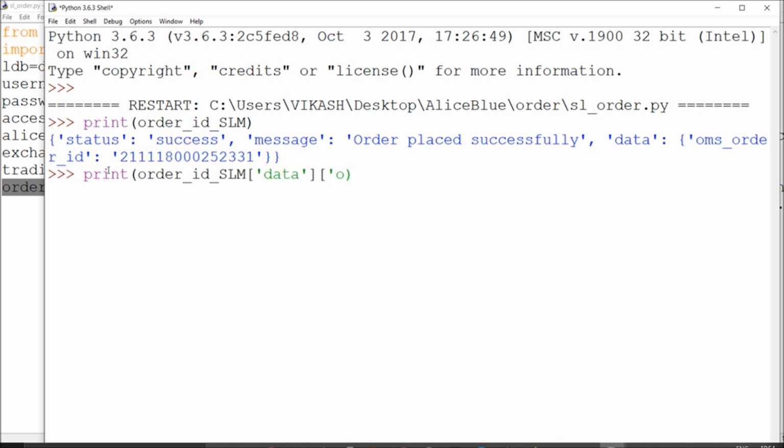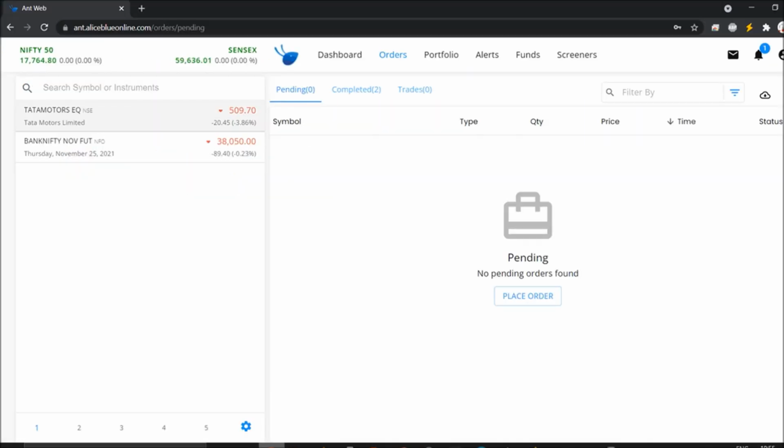It will be like this: IMS underscore order underscore ID. So this is how we'll get the order ID, which you can utilize to get the history of this stop loss market order.